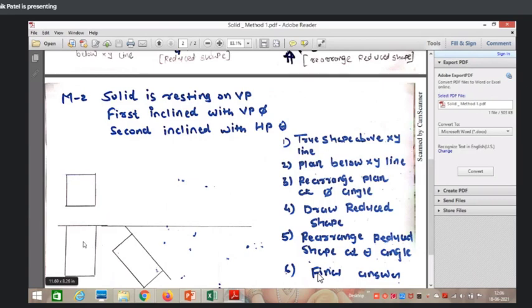Third, rearrange your plan at phi angle, then draw the reduced shape. Then in the fifth step, rearrange your reduced shape at theta angle, and then the final answer. So it is similar to method 1, but here just change the look orientations.